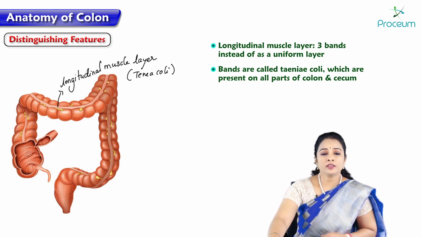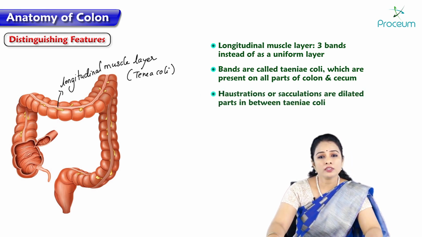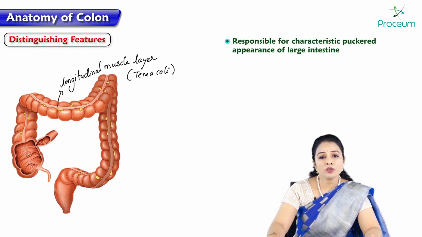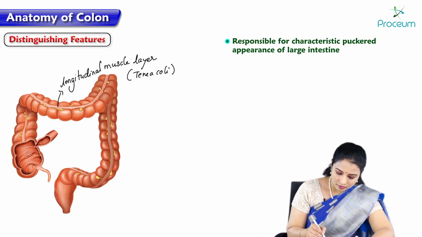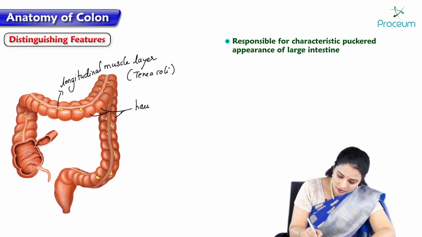The next distinguishing feature is the haustra or sacculations, the dilated parts in between the taeniae, which are responsible for the characteristic puckered appearance of the large intestine.